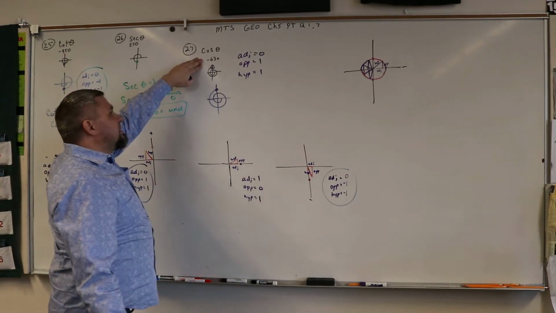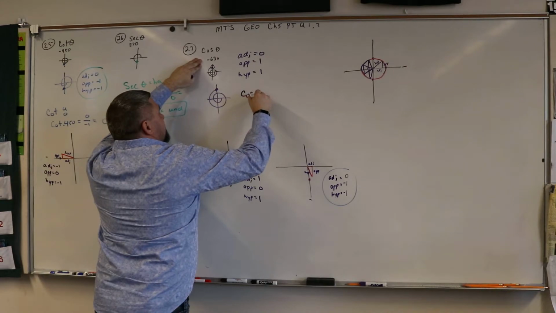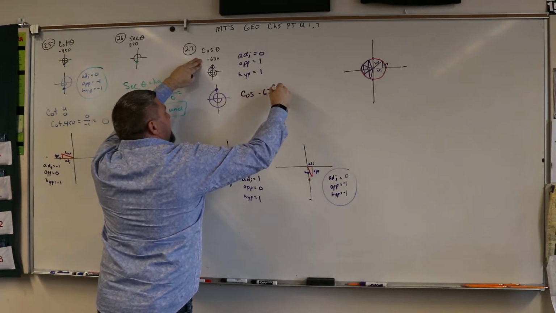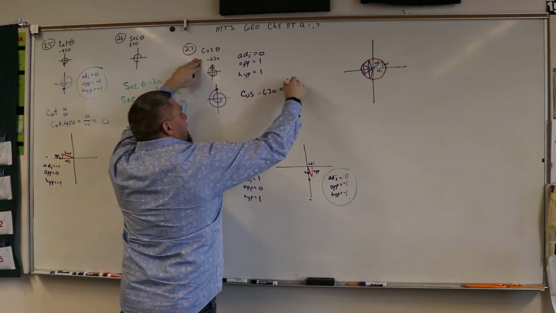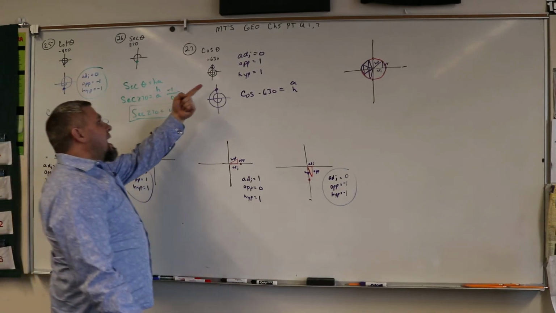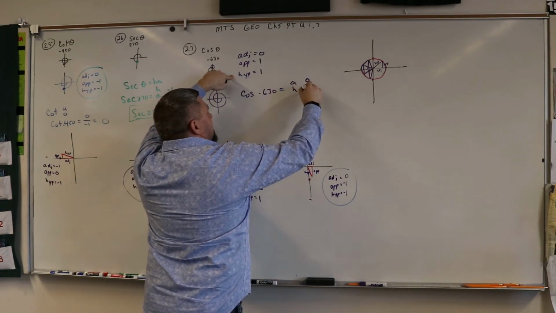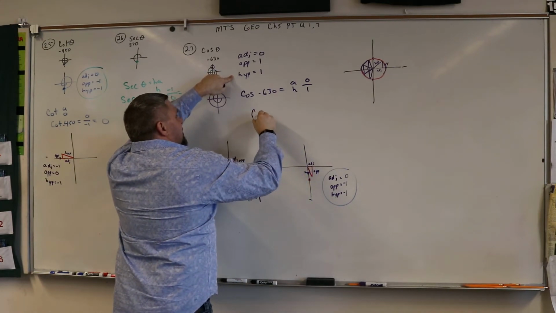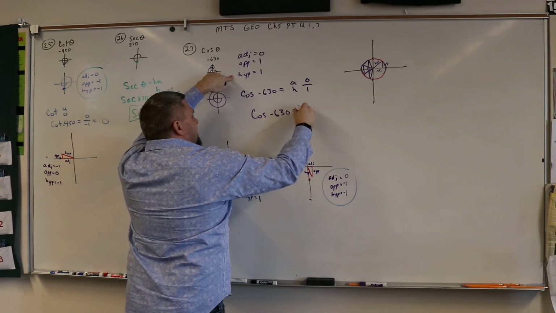So now we can say the cosine of -630 is equal to A over H, and A is 0, and H is 1. So the cosine of -630 is equal to 0.